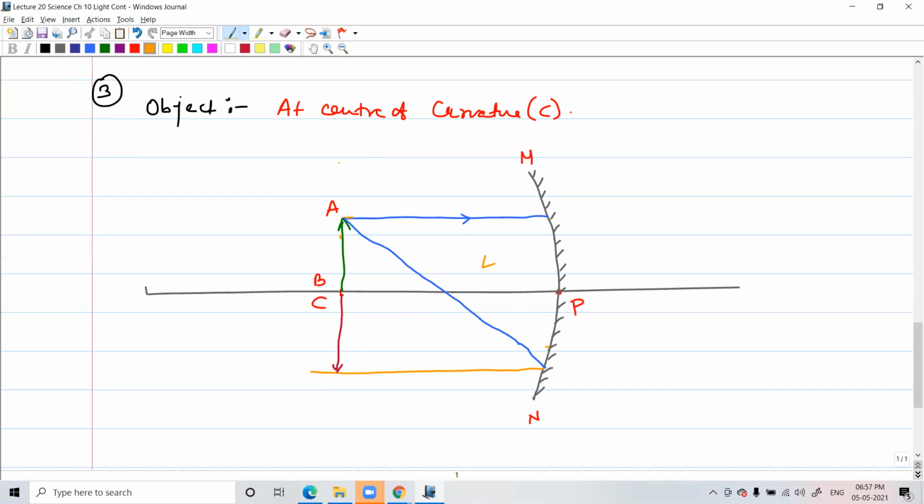Somehow, magically, this one also meets at this place. So this is how you will cheat. Means draw the line correctly. Now wherever they met, that point you can call the focus.